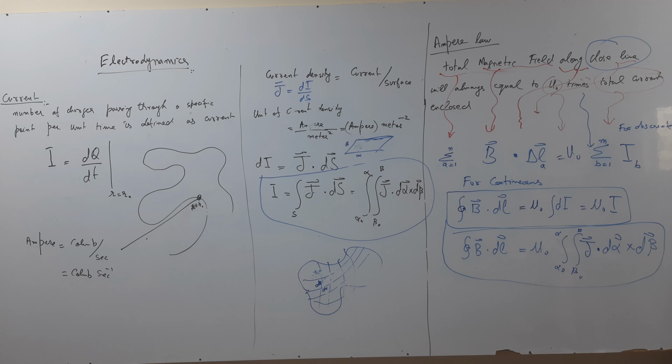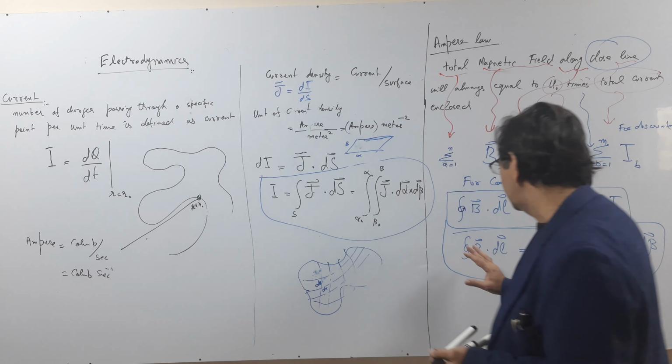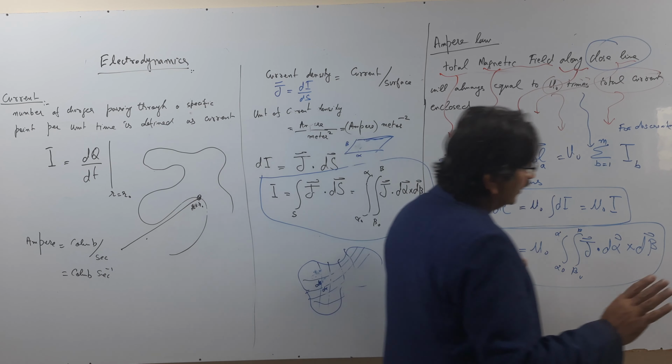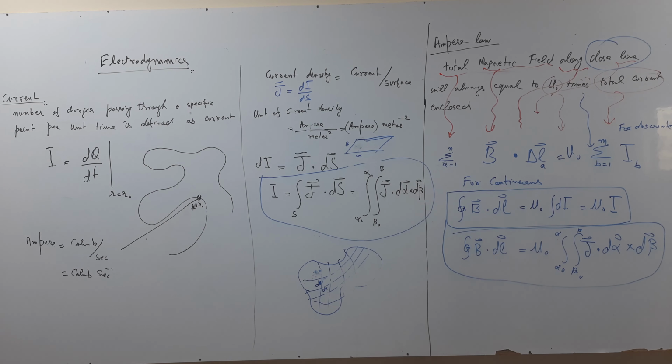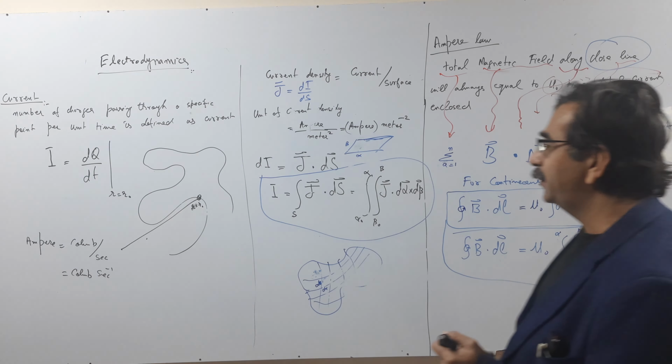One is defined as the differential form of the Ampere law. As in the case of Gauss's theorem, the differential form of Gauss's theorem was not part of your course. Similarly, the differential form of Ampere law, which is difficult, is not part of your course. That is excluded from the course. Only the simplest form of Ampere law is included.